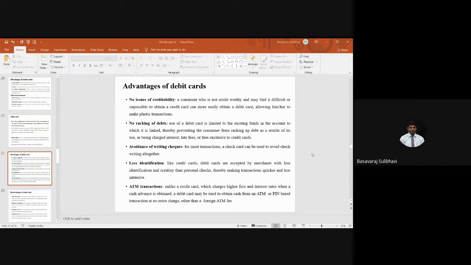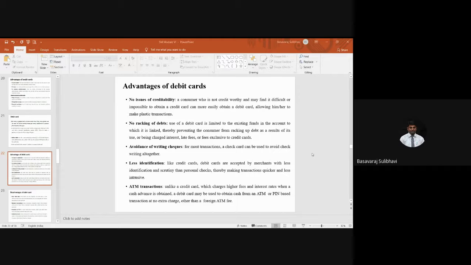Fine. And next we have no racking up of debts, where when you use these debit cards, it is limited to the amount existing in your account, which is linked to that particular debit card.